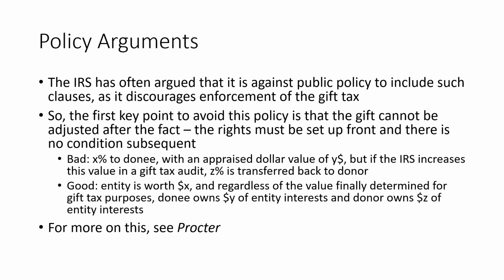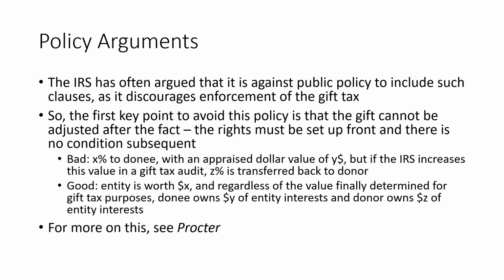So if you make a gift now and just say, hey, this gift is fully established, and then down the road the IRS challenges it and you claim, okay, well, if the IRS tries to assert gift tax, then the portion of the gift that generates the gift tax is reversed. Well, the IRS doesn't like that. That's a condition subsequent, and what the IRS wants to see is fixed rights up front.